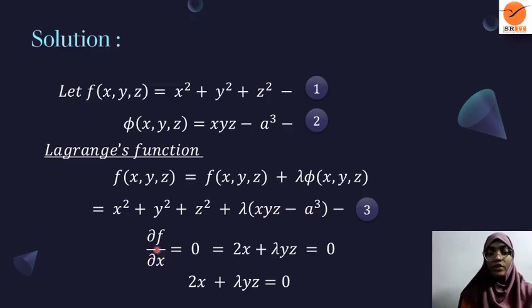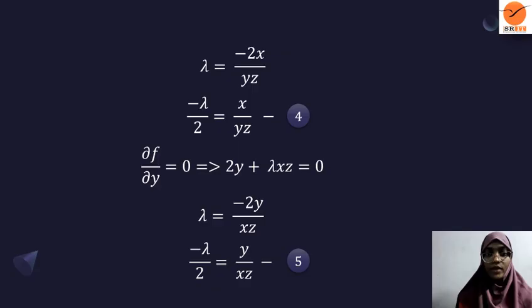Now dou F by dou x equals 0. Dou F by dou x means 2x plus lambda yz equals 0.